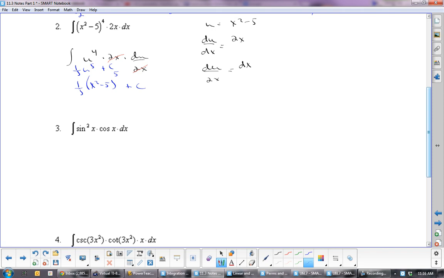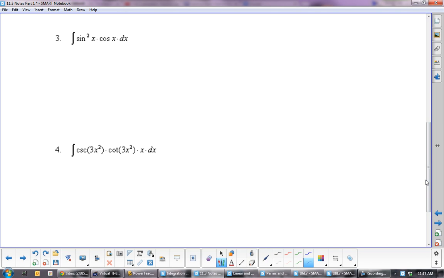And then plug it in. Yep. Always when it's indefinite. If it doesn't give me 0 to 8 or whatever, then I can't find a value. Therefore, I will put plus c. Okay, these will go faster once we just start getting into it.